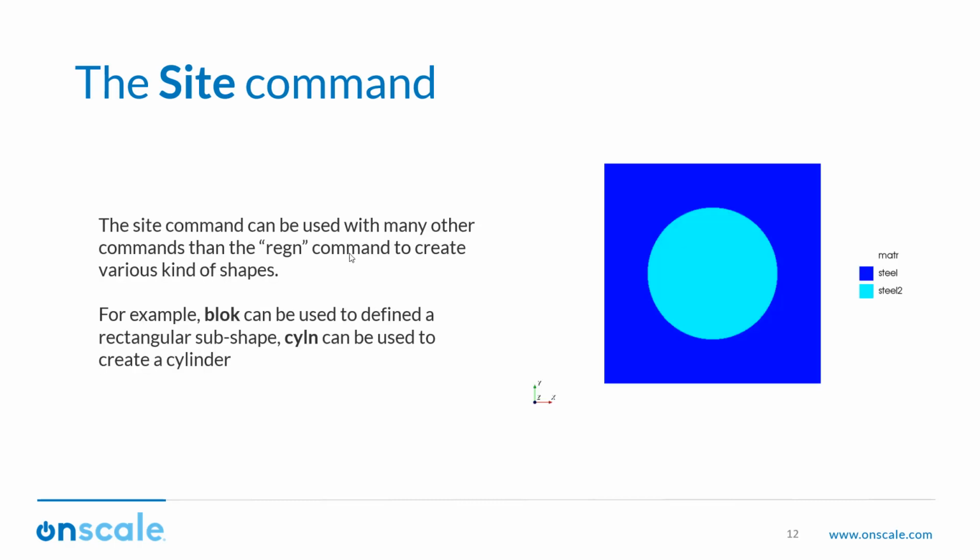The site command has many other subcommands than the region subcommand, which allow you to create different subshapes and select directly what you need. For example, you have the block command, the cylinder command or the circle command, which allow you to select a certain region of the space inside a certain type of geometry.